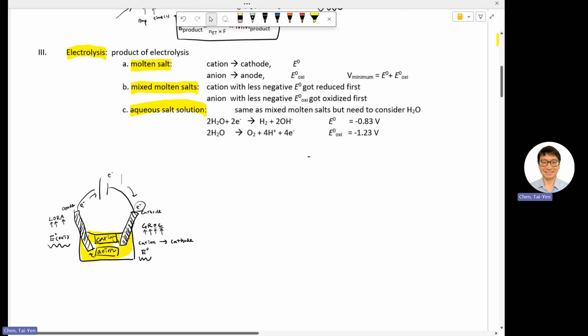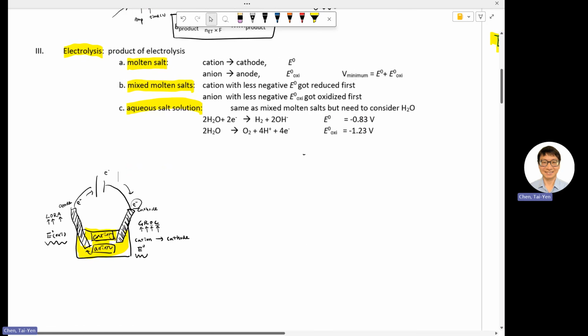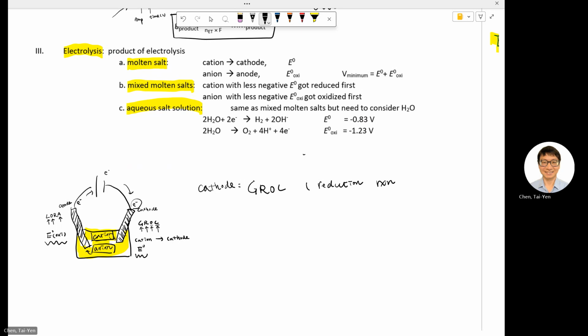The thing that will still hold is that at the cathode, you're going to have your reduction reaction, right? And here the thing you want to consider is your E naught reduction.